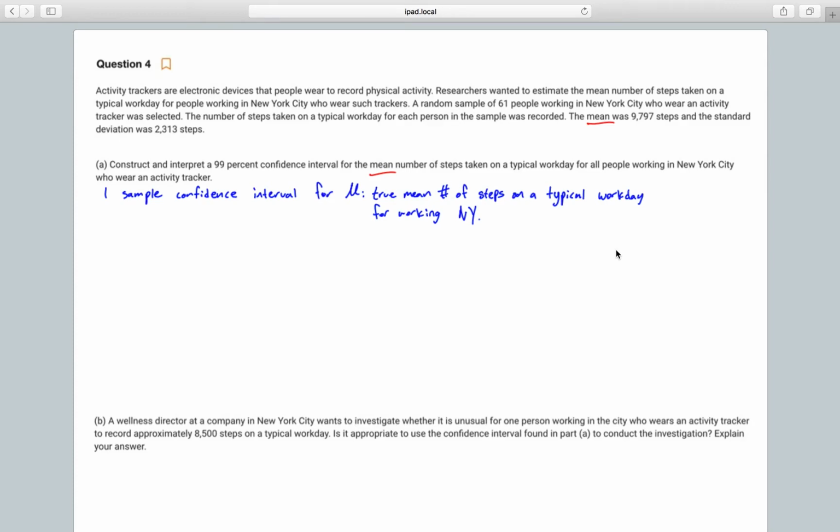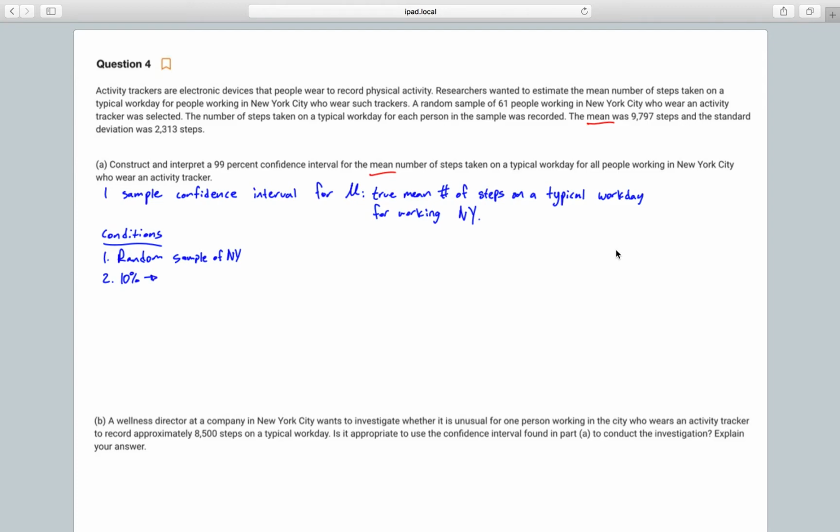So my first condition, I'm going to say that this was a random sample of New Yorkers. Condition 2, so this is the 10% rule, and you're just going to multiply your sample size by 10.